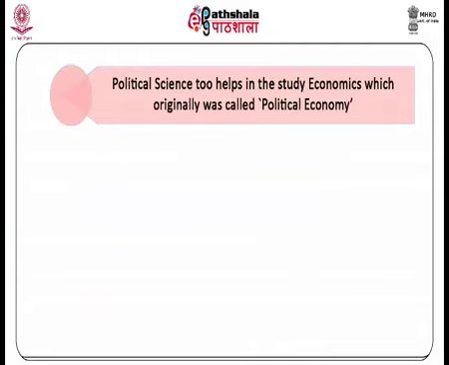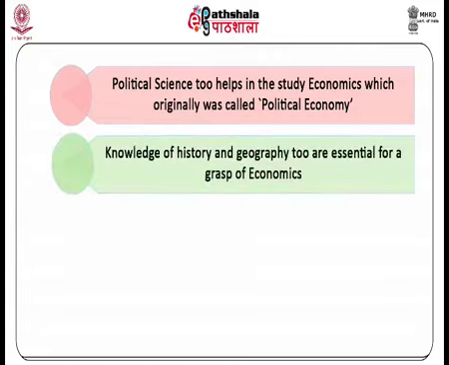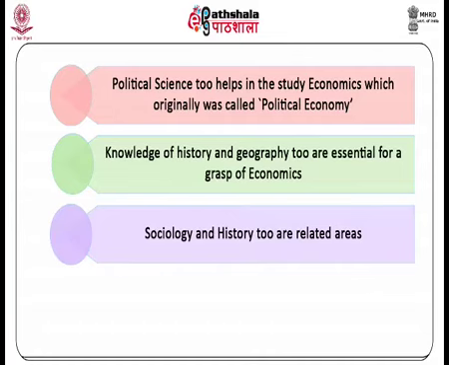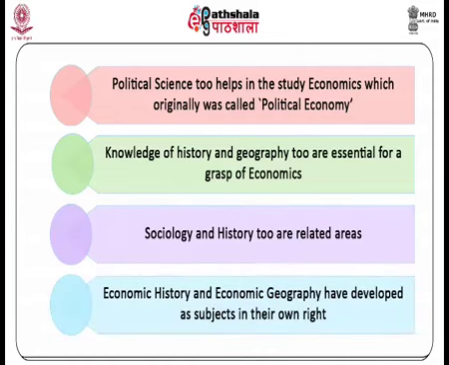Political science also helps in the study of economics, which was originally called political economy. History and geography are also essential for a grasp of economics. Sociology and history are also related areas. Economic history and economic geography have developed as subjects in their own right.